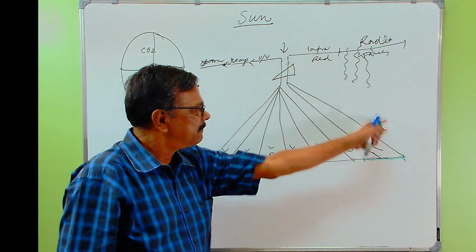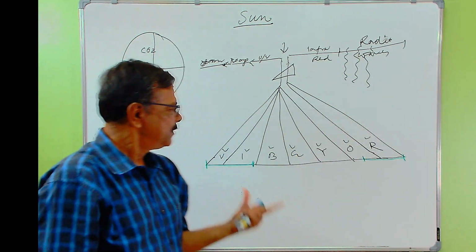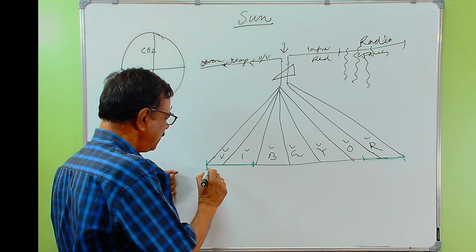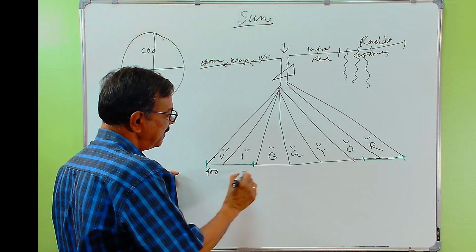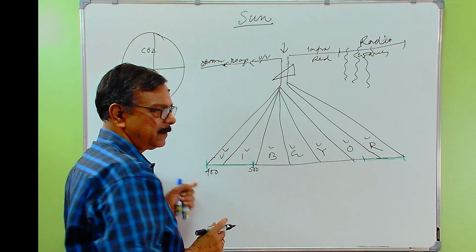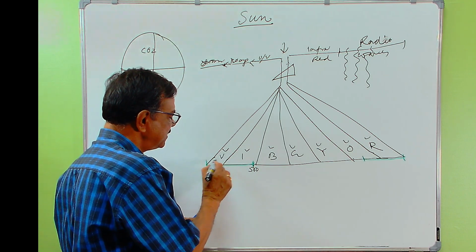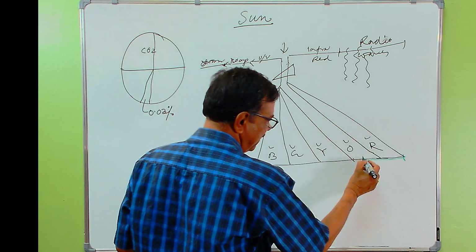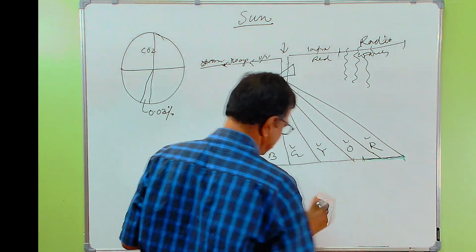In this visible spectrum, at 400 to say 500 nanometer, the photosynthesis rate is high initially, and here the photosynthesis takes place.